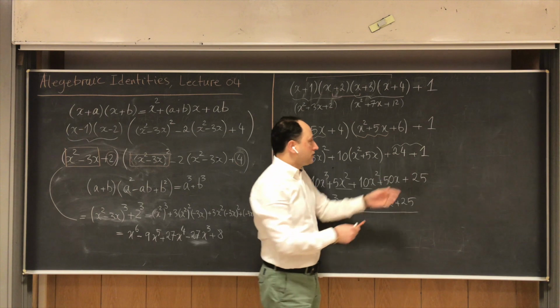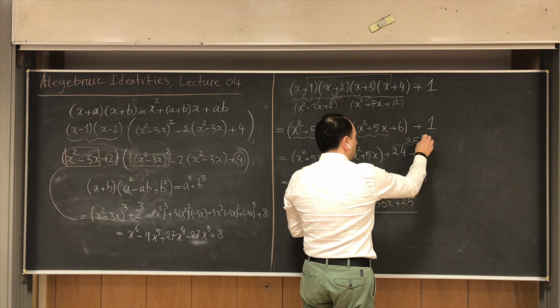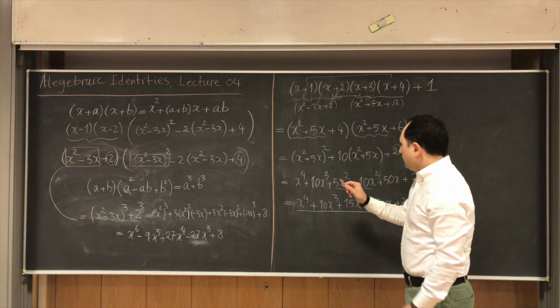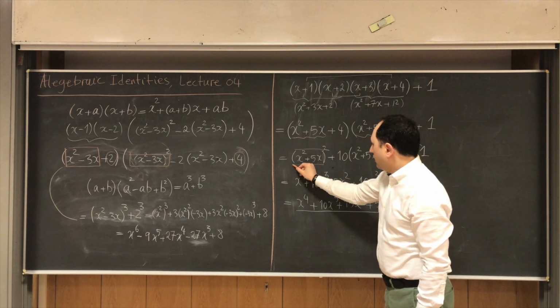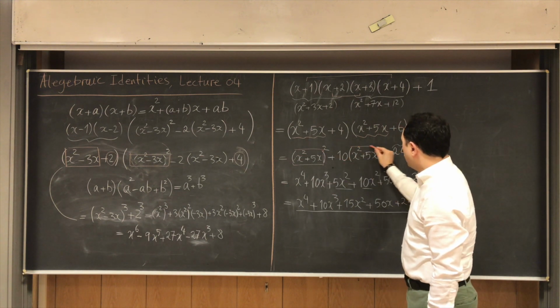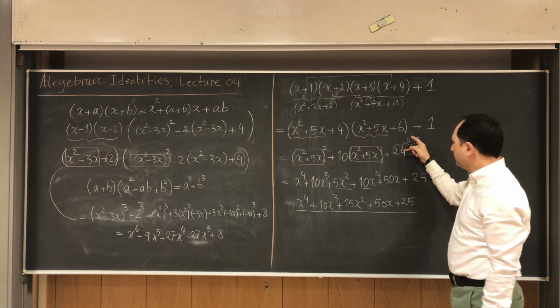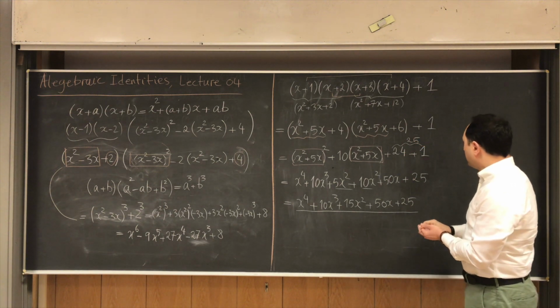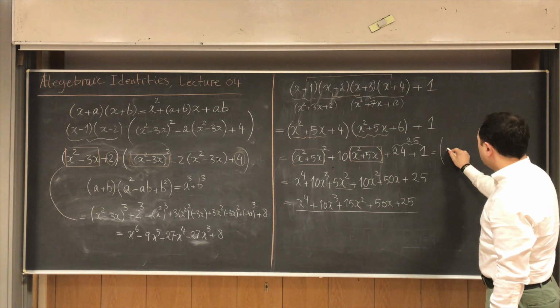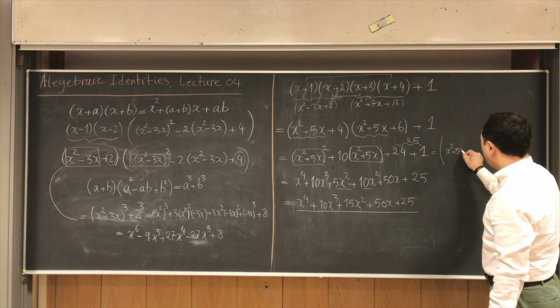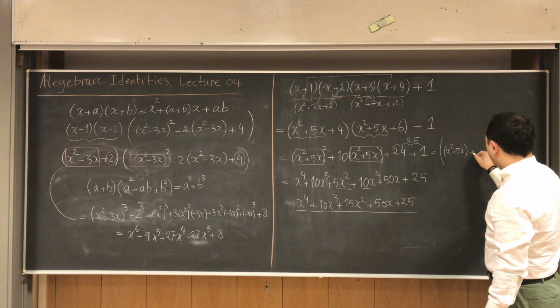Because 24 plus 1 is just 25, yes? You see, if in your head you take this one, the box, this becomes box to the 2, and this is the box, and this circle is 5, because 5 to the 2 is 25. And then it becomes immediately clear that this is x squared plus 5x plus 5 to the 2.